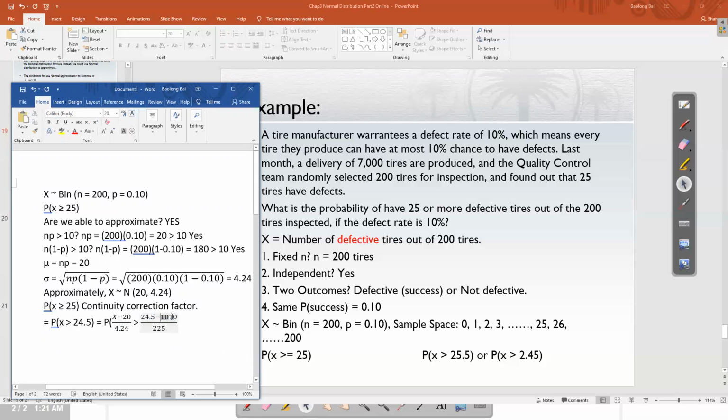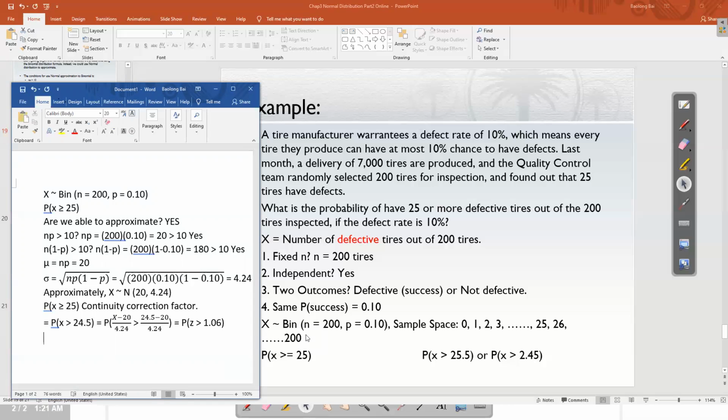And then subtract mu. Mu is 20 divided by sigma. Sigma is 4.24. Then after standardize, the left-hand side becomes z, and the right-hand side we can calculate, right? 24.5 subtract 20, then divide by 4.24. So it's 1.06.